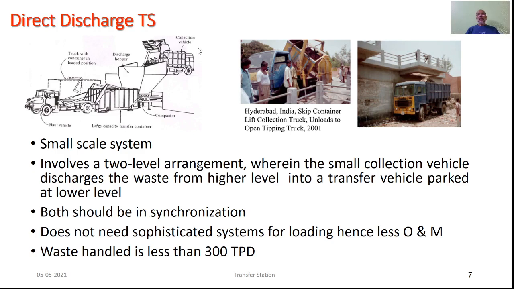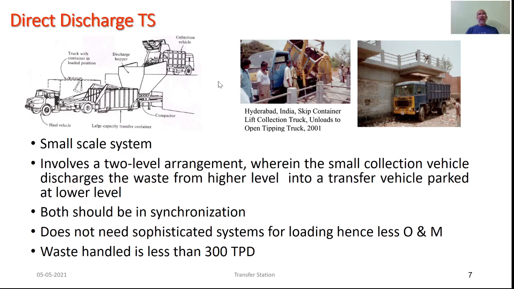Hence, the number of vehicles approaching, their movement, their capacity, their discharge systems should be in good synchronization with this hauling vehicle.